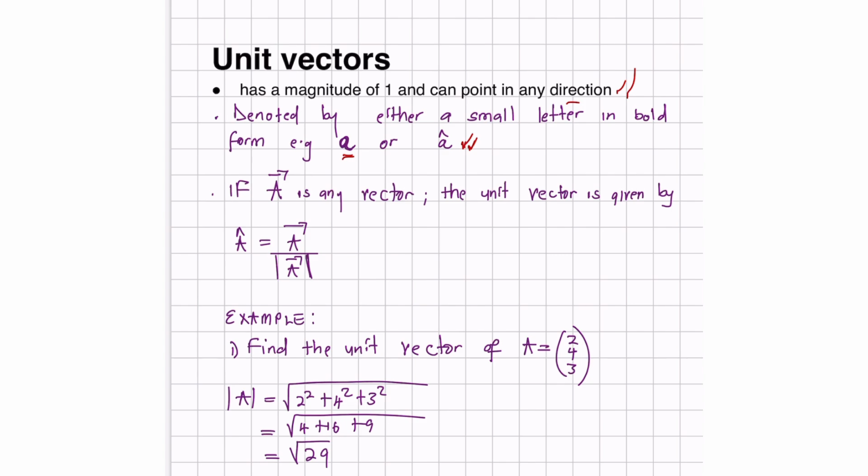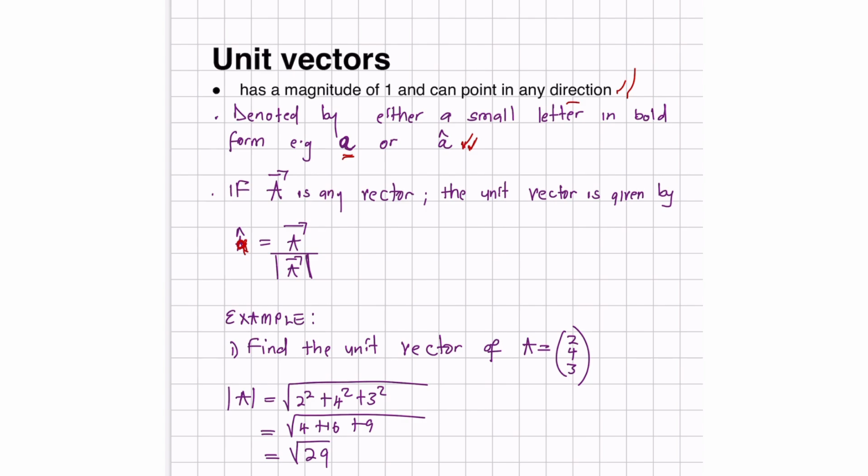So if you've got a vector A that is going in any direction, then the unit vector of a, so this is supposed to be a small letter here, you find it by writing the vector A over the magnitude of that vector.